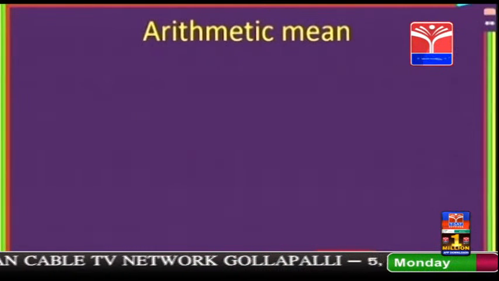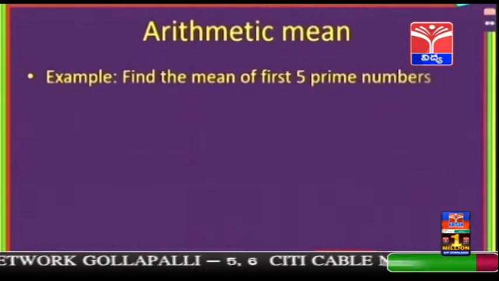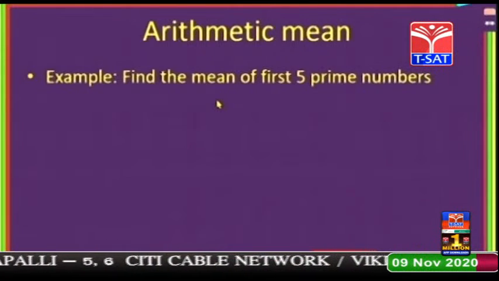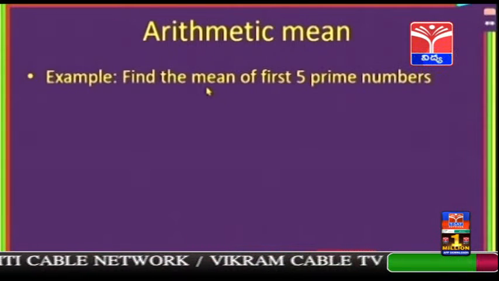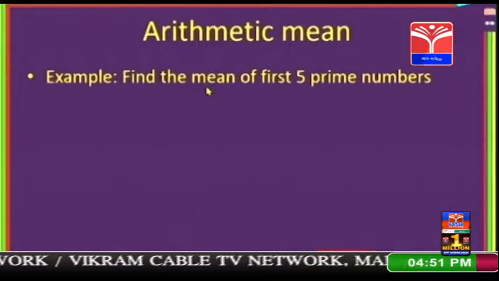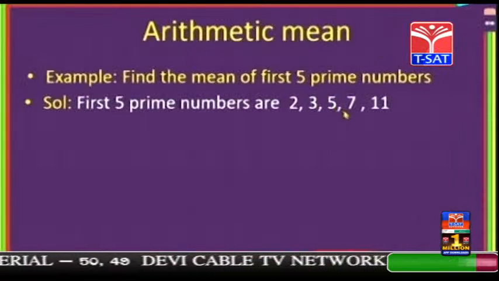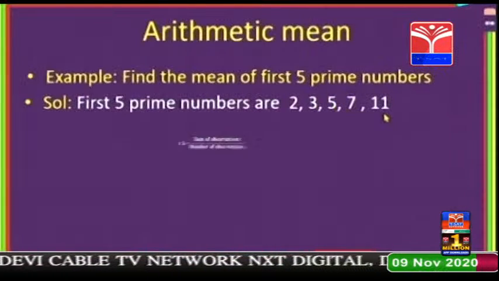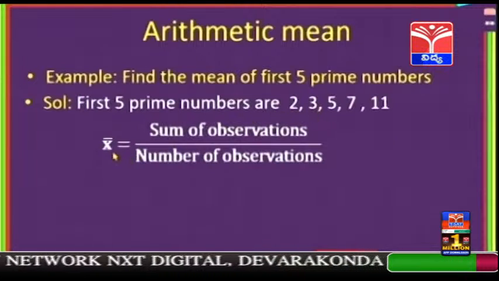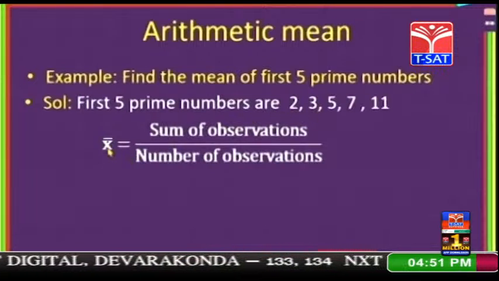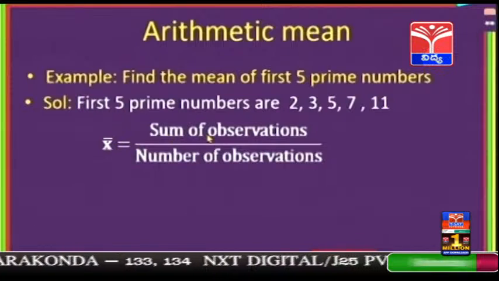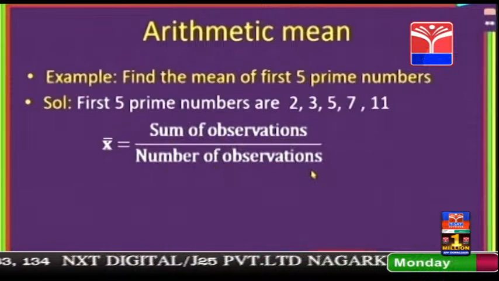One more example: find the mean of the first 5 prime numbers. Students, here we should know about prime numbers also. The first 5 prime numbers are 2, 3, 5, 7, 11. Now the formula of the mean is sum of observations by number of observations.